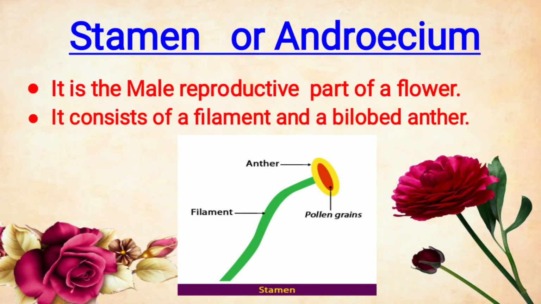The anther contains pollen grains, and these pollen grains go through the stigma into the ovary, and there they are converted into fruit and seed. So stamen is the male reproductive part. It consists of two parts, anther and filament, and it is collectively known as androecium. Stamen's other name is androecium.